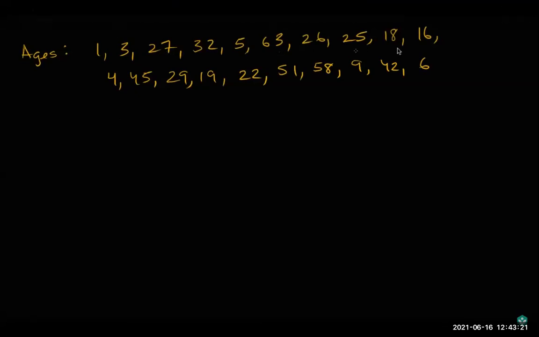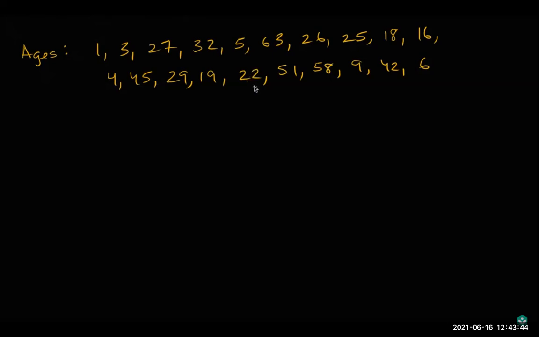And so these are the ages of everyone in the restaurant at that moment. And you're interested in somehow visualizing the distribution of the ages, because you want to say, well, are there more young people? Are there more teenagers? Are there more middle-aged people? Are there more seniors here? When you just look at these numbers, it really doesn't give you a good sense of it. It's just a bunch of numbers. So how could you do that?